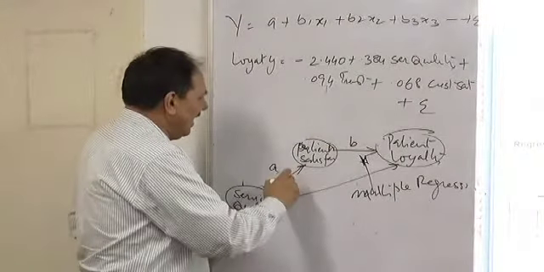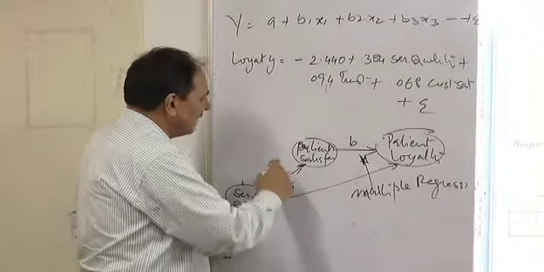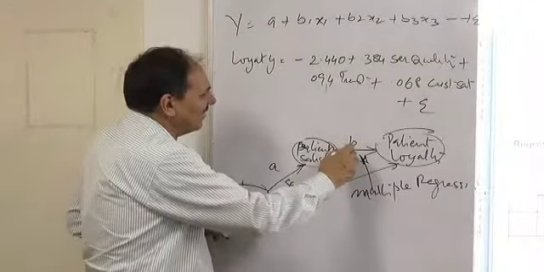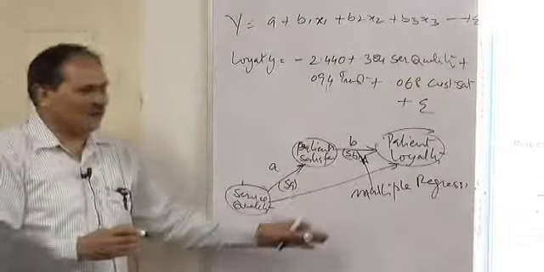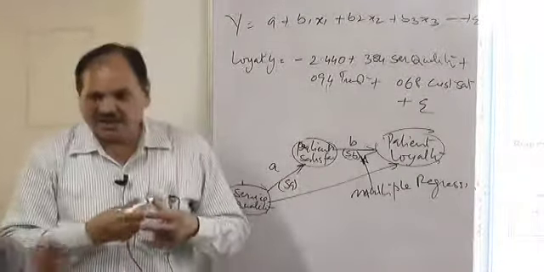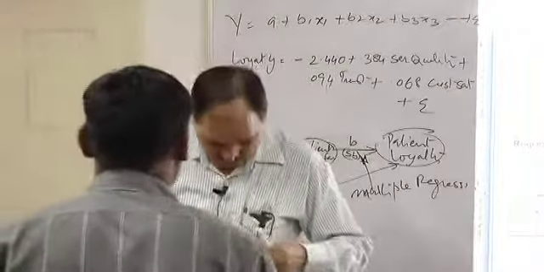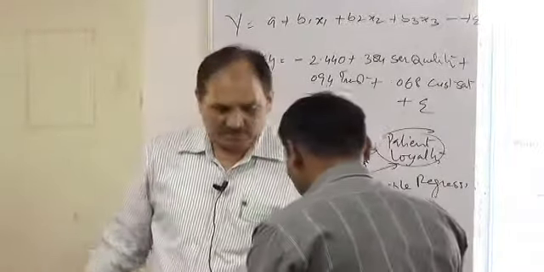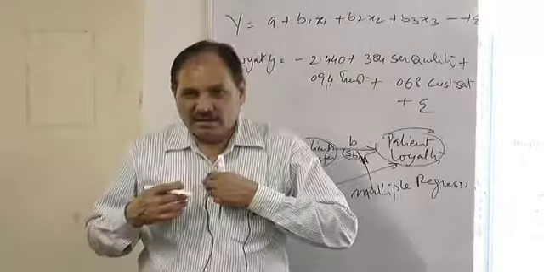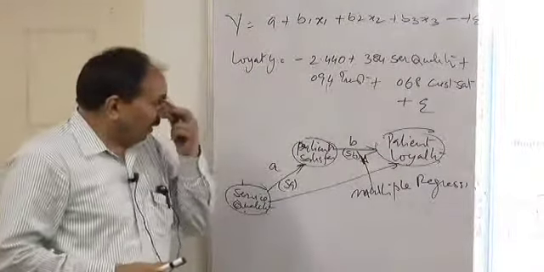So we have A, B, and here we will have SA, the standard error of A, and SB, the standard error of B. We will need these two values to compute the interaction.